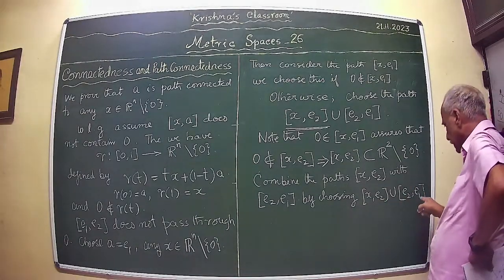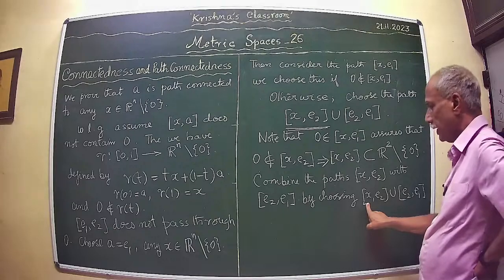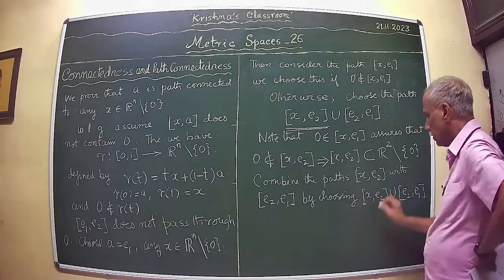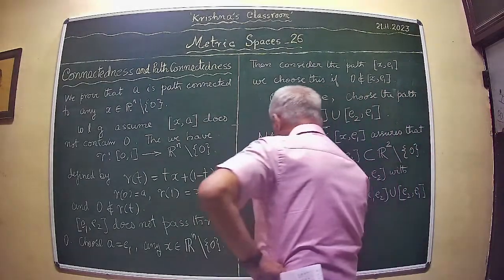So that defines a path from E1 to X. And this does not contain 0, so 0 does not belong to it.